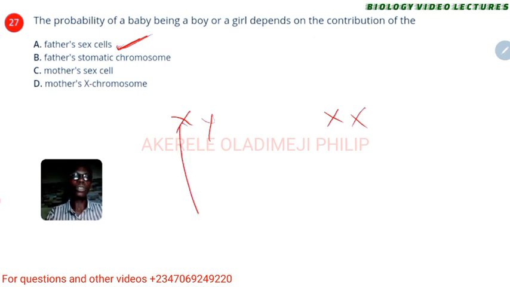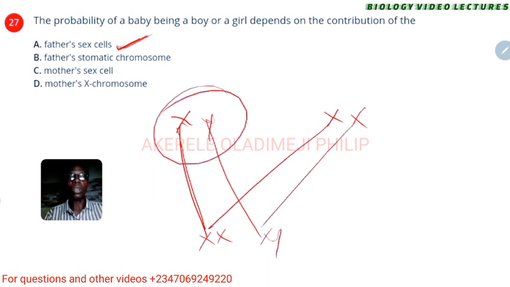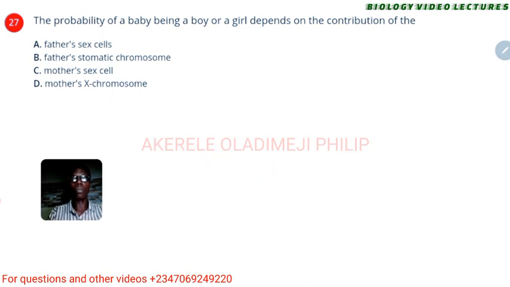Because if he donates his X, you're going to have XX here. So if he donated his Y, you're going to have what? XY. So it is the man that determines that, because he has X and Y, is heterozygous, but the female always has the XX, that way is homozygous. So the mother doesn't decide that. All right.